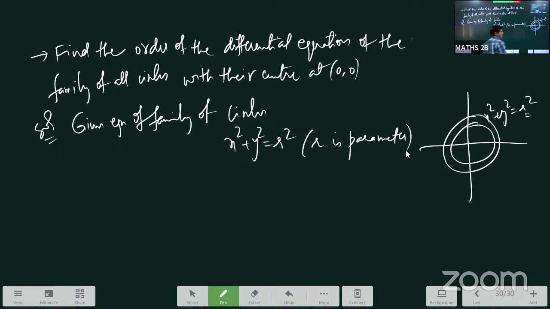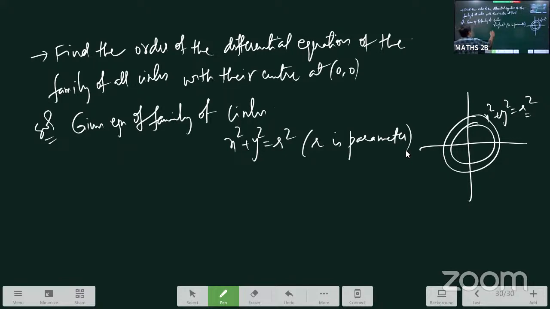Arbitrary constant means the constant, it will change in the sum. So here r is arbitrary constant. So in an equation, if I'm having one arbitrary constant, I will do one time derivative. If I'm having two arbitrary constants, I will do 2 times derivative. If I'm having 3 arbitrary constants, I will do 3 times derivative to eliminate that arbitrary constants.